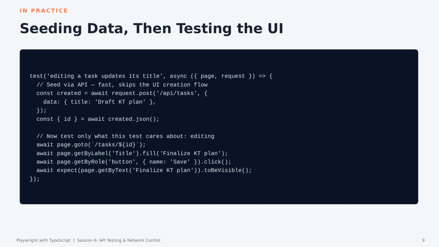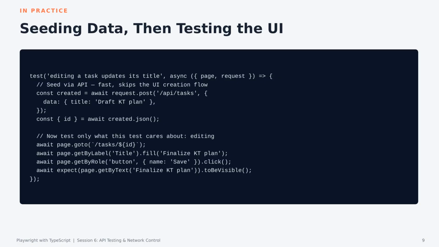Test: 'editing a task updates its title', async, page, and request together. First, we seed through the API: const created = await request.post('/api/tasks') with a title of 'draft KT plan'. We pull the ID back out of the response with created.json. Then and only then do we touch the UI at all.